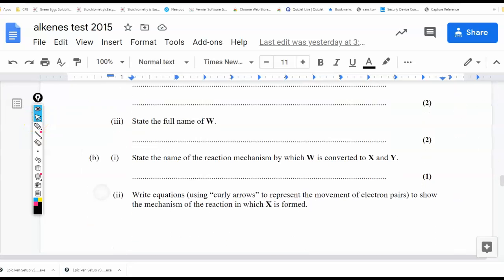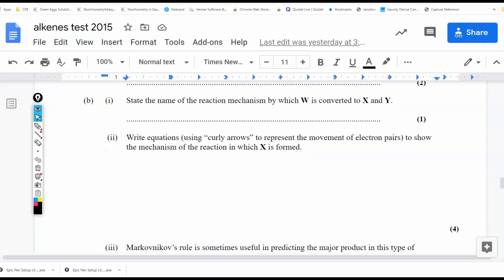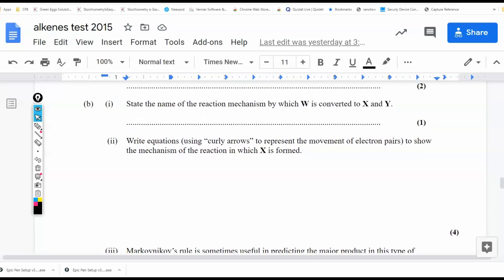All right, let's go on from here. Write equations using curly arrows to represent the movement of the electron pairs to show the mechanism in the reaction. So what they mean by this is that they want you to show how the electrons are moving. So if we have CH3 bonded to CH, which is double bonded. That wasn't a CH3, was it? That was an H right there.